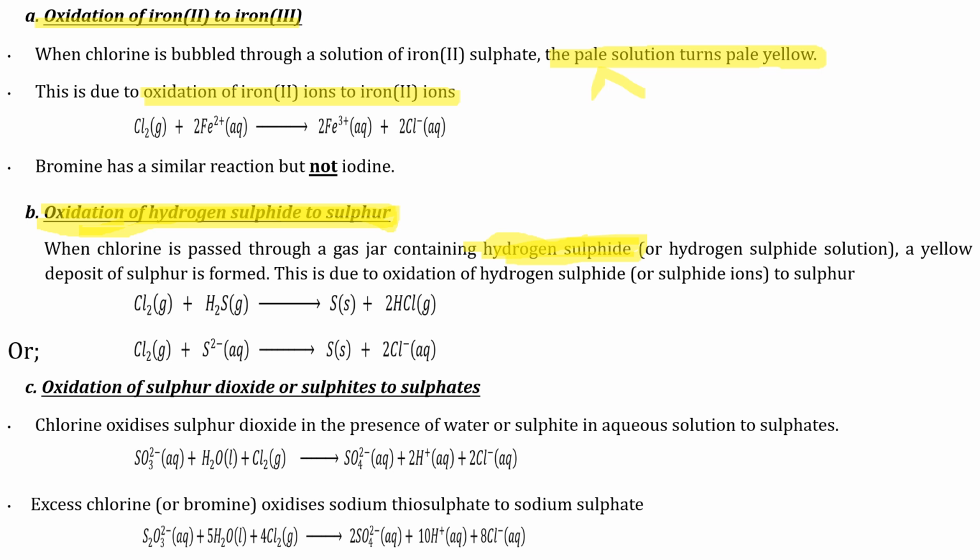So most questions will ask you: chlorine gas was passed through a gas jar containing hydrogen sulfide, give what was observed. Now I want you to note that the observations I'm giving here are about solutions. But if you want to bring out the true chemistry that you require, you must also state the color of chlorine.